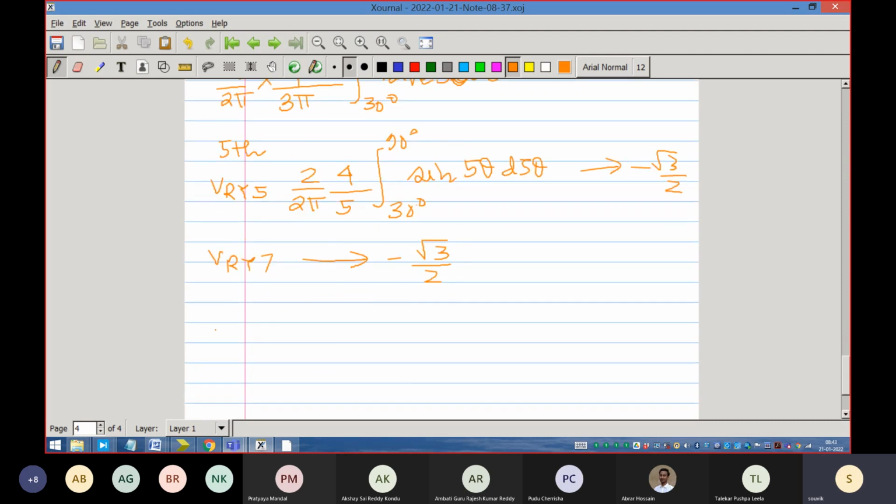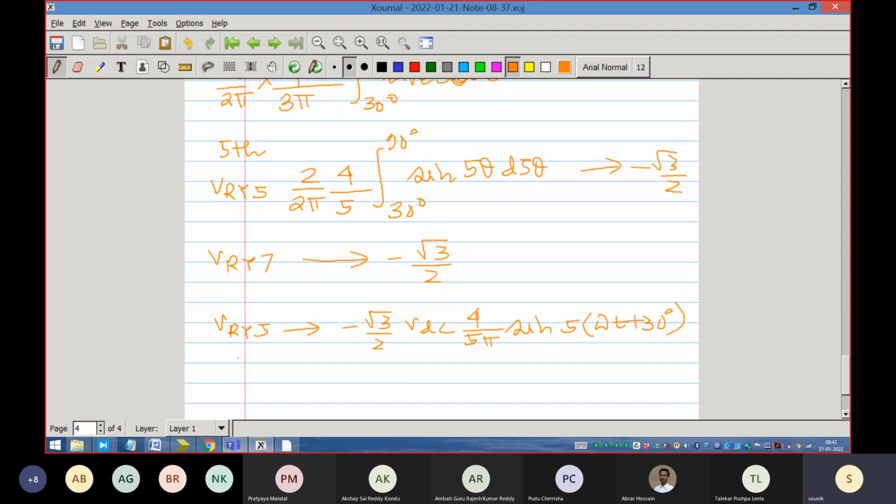We have to write it as, since the magnitude is minus root 3 by 2, you just look at it very carefully, minus root 3 by 2 into VDC 4 by 5 pi sine of 5 into omega t plus 30 degree, right?